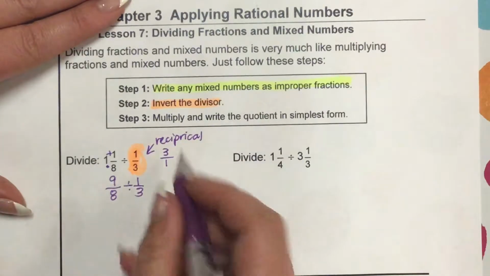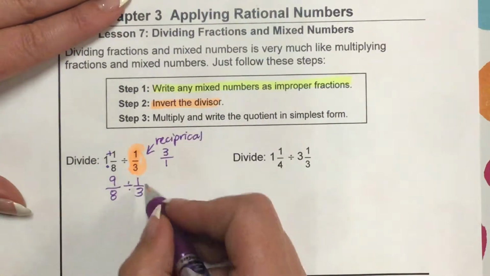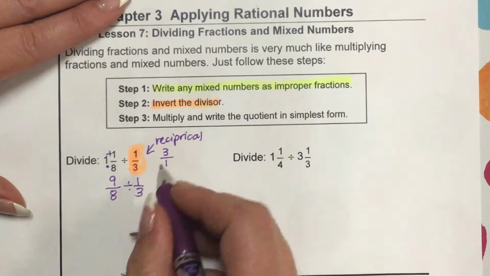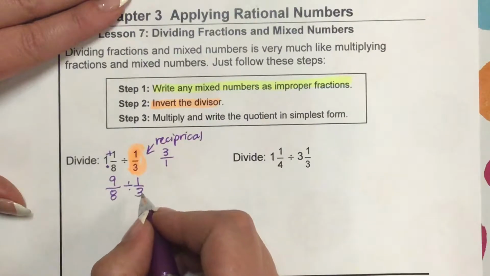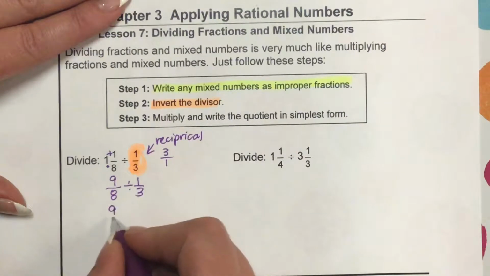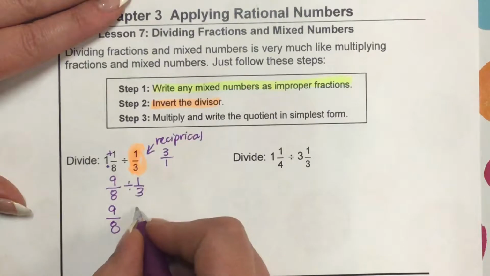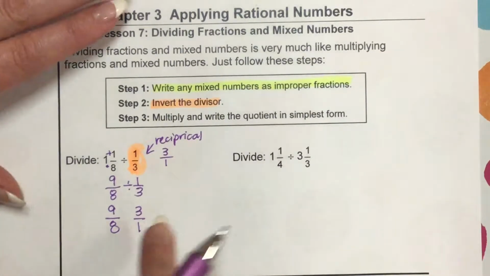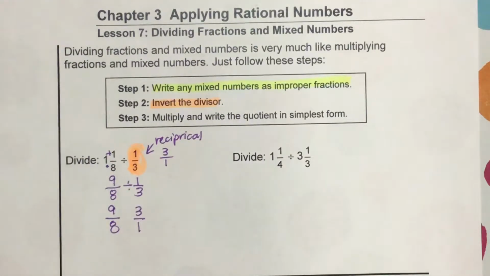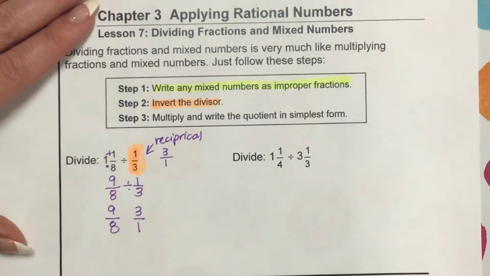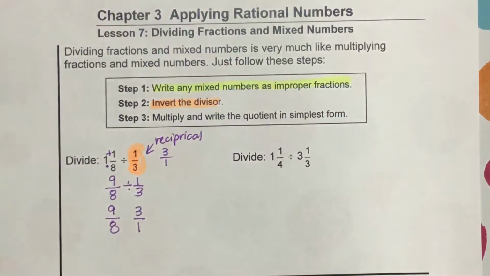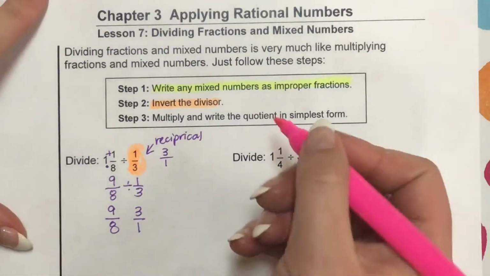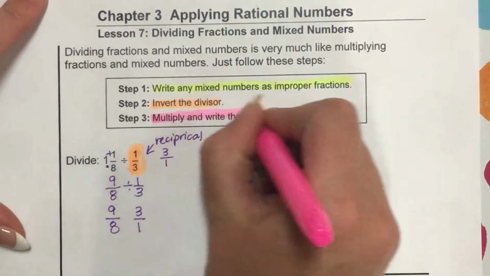So we're going to invert the divisor. That's going to be 9/8, and then we flip it, so instead of 1/3, it's going to be 3/1. And when you invert the divisor, then what happens is you just multiply and write the quotient in simplest terms.